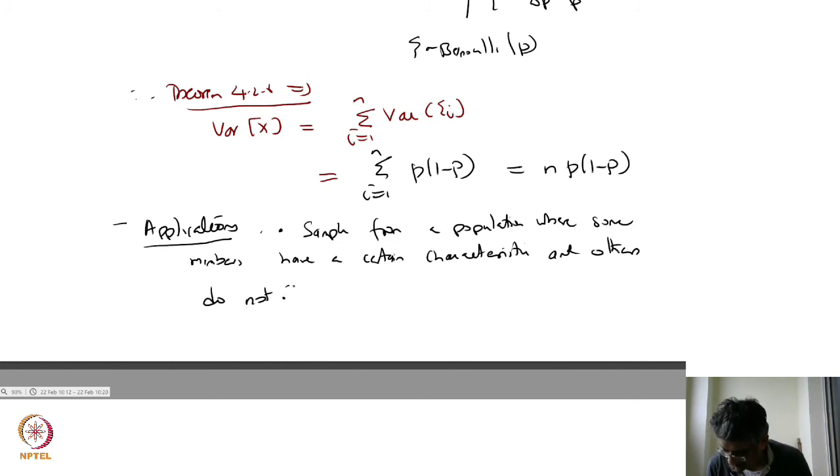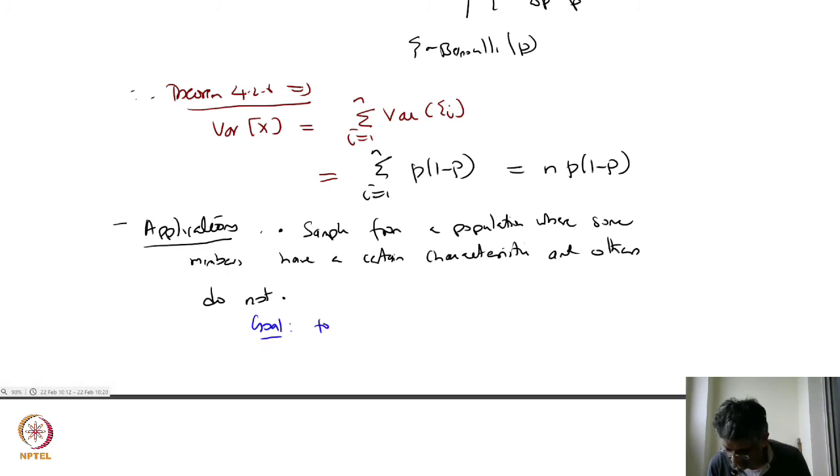And what's the goal? You do the sampling, and then the goal is to provide an estimate for the number of people with the characteristic.